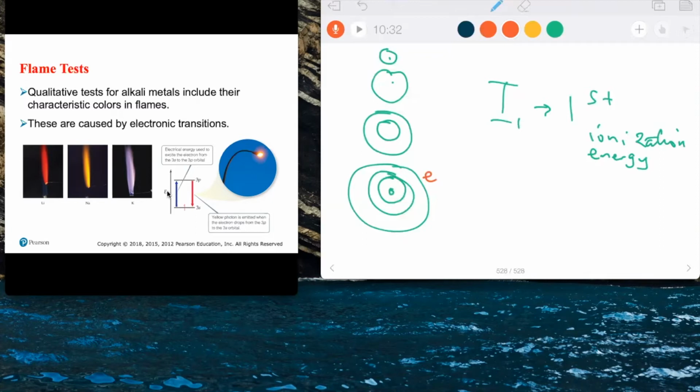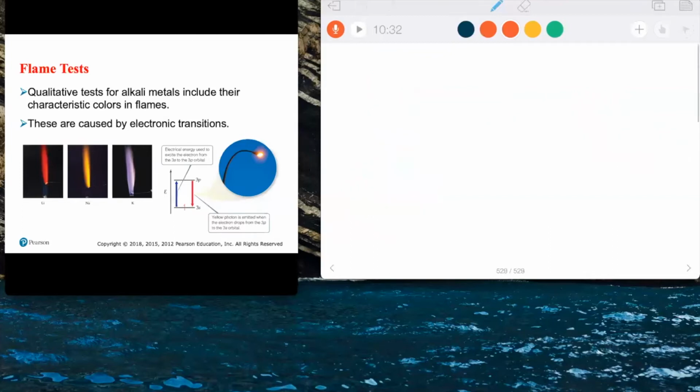They have characteristic flame colors for lithium, sodium, potassium. They have characteristic wavelengths, and this is explained. The colors you see emitted by the flames have to do with the excited electron jumping from a higher energy level.